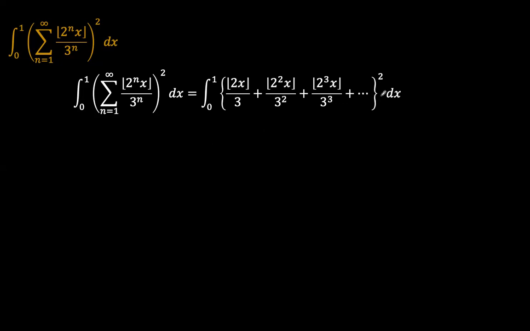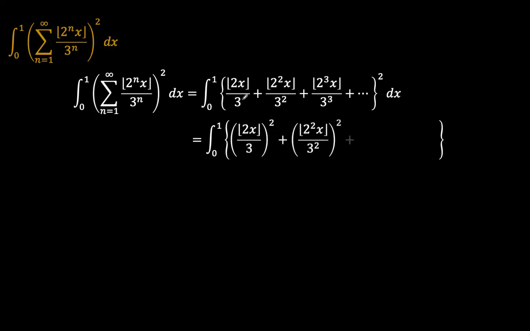And then we would square that as our integrand. And so what that results in is the quadratic components, which result from squaring these respective values. So we would have the floor function of 2x over 3 squared, floor function of 2 squared x over 3 squared, squared, floor function of 2 to the power 3 x over 3 cubed, squared, and so on. So the quadratic terms would remain.